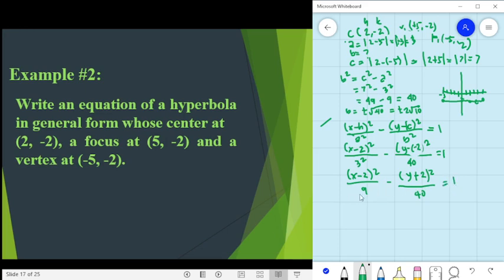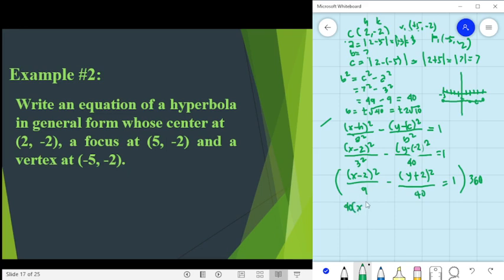After that, we need to multiply both sides by 9 times 40, which is equal to 360, in order to eliminate 9 and 40. So, multiplying 360 times this one, 360 and 9 cancel out. What will be left is 40 times the quantity.